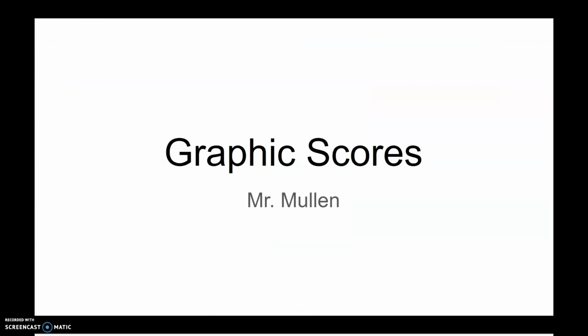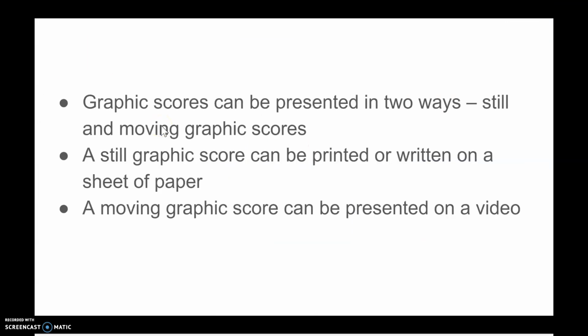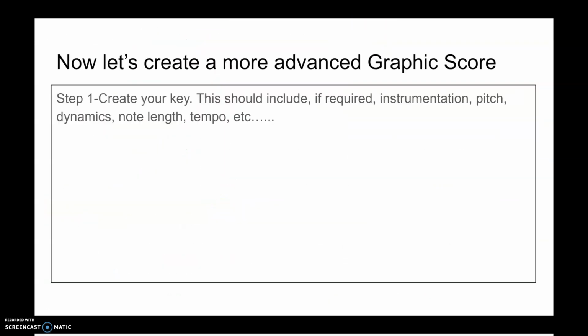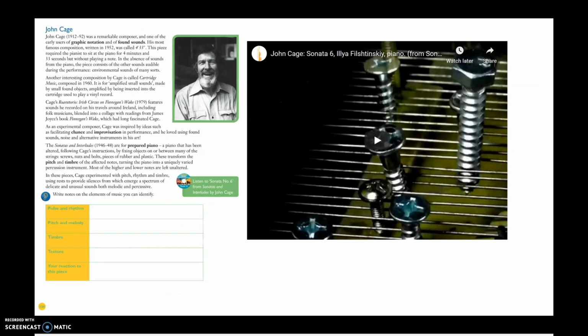Now, following on from that, guys, I would like you to have a look at John Cage. I've left a little piece of information about John Cage from Sounds Good 1. His most famous piece is called 4 minutes 33 seconds. It's literally a piece of 4 minutes and 33 seconds of absolute silence.